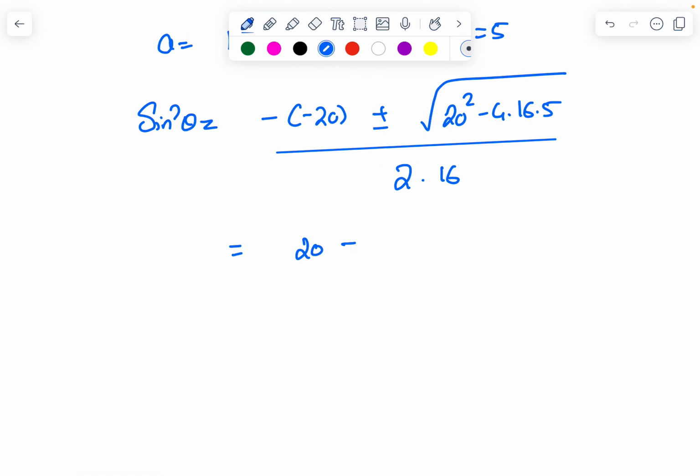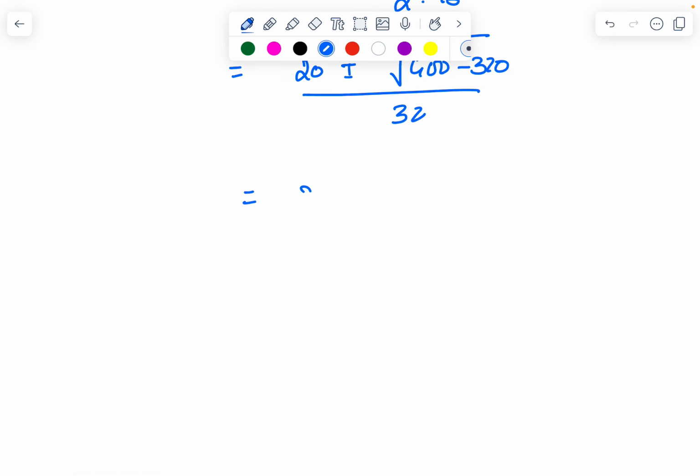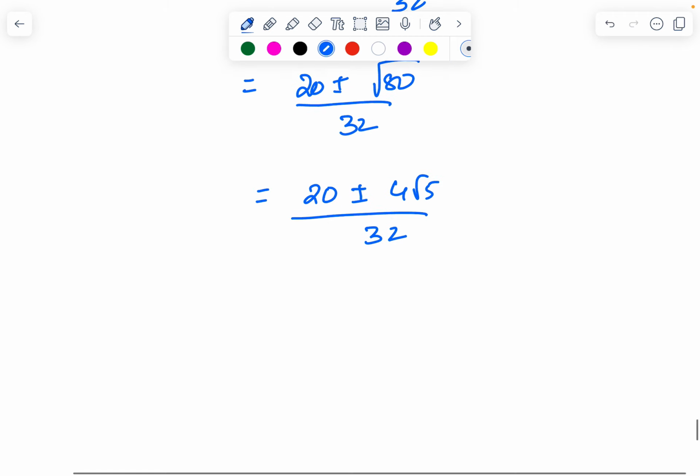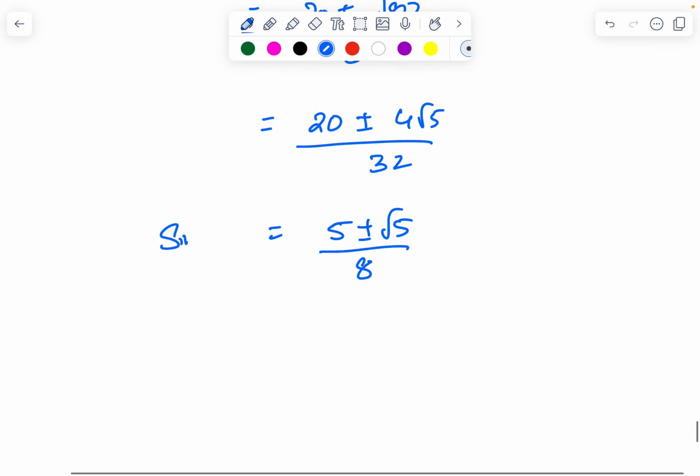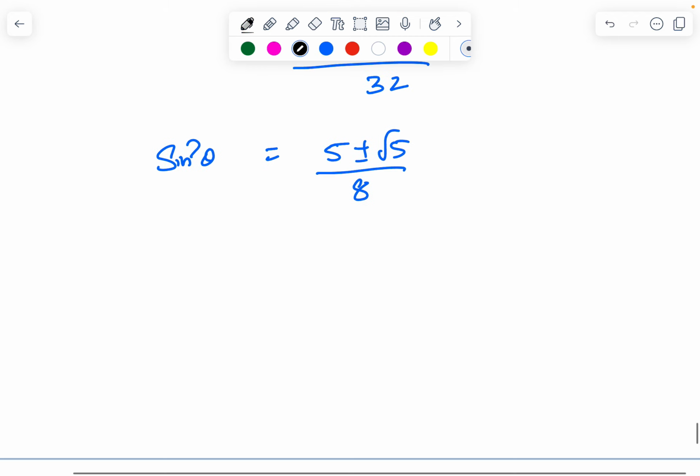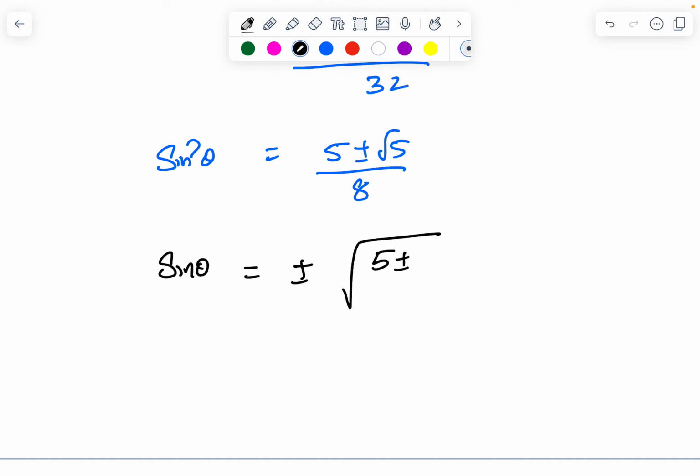So 20 plus or minus square root of 400 minus 320 divided by 32, which is 20 plus or minus square root of 80 divided by 32, which is 20 plus or minus 4 root 5 divided by 32. So which is 5 plus or minus root 5 by 8. So this is sine square theta. So what will be sine theta? It will be plus or minus square root of 5 plus or minus root 5 by 8.